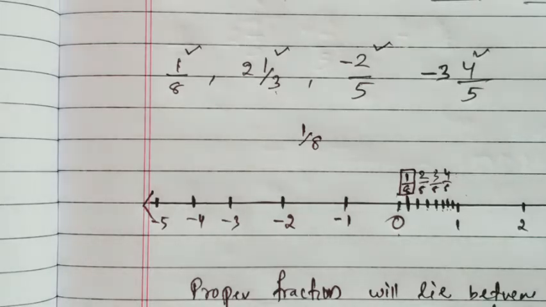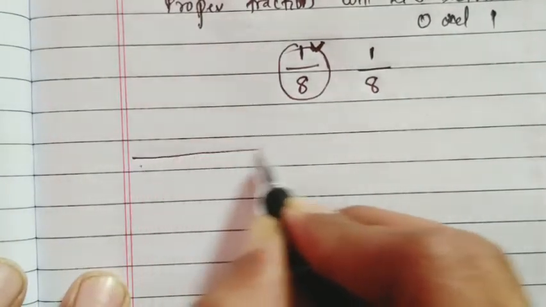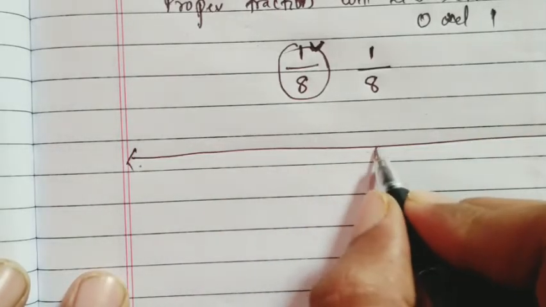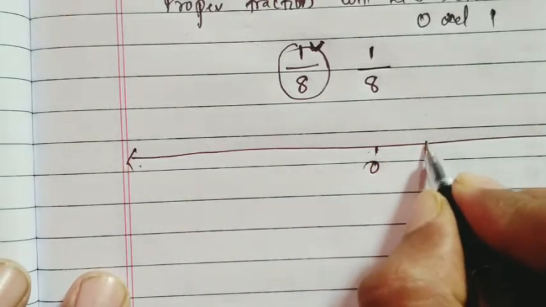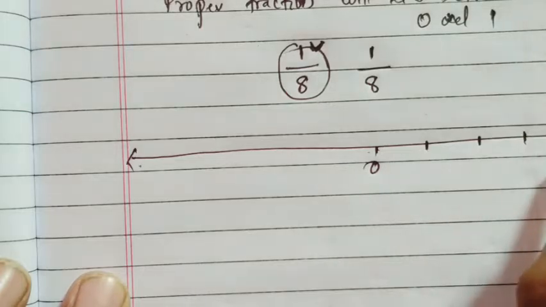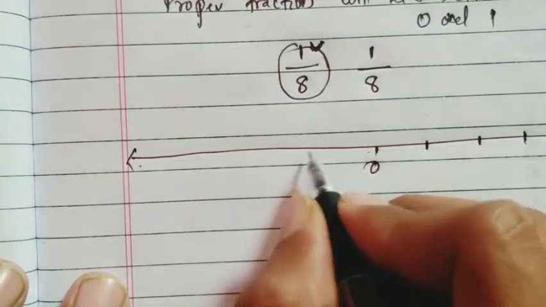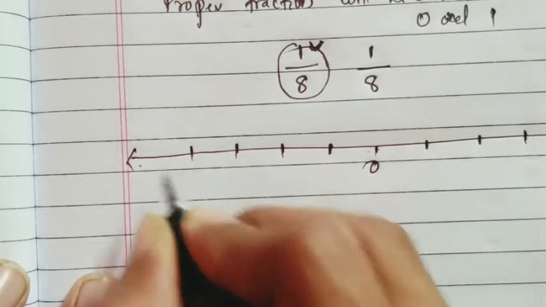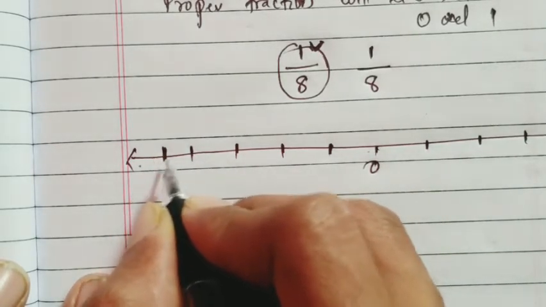Now again 0 here, 1, 2, 3, 4, 5, minus 1, minus 2, minus 3, minus 4, minus 5.